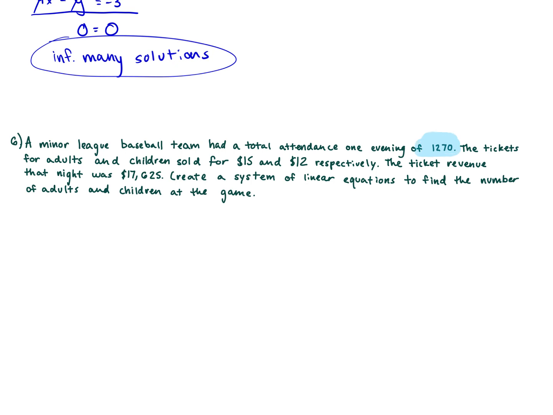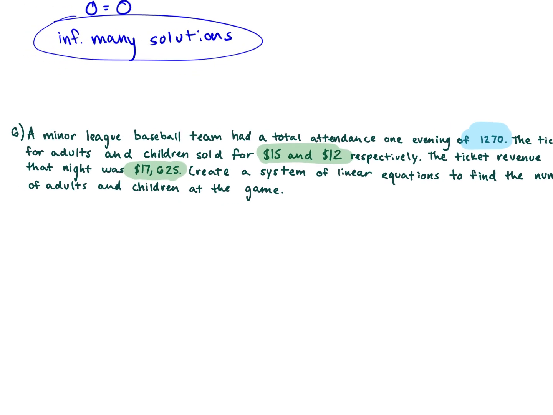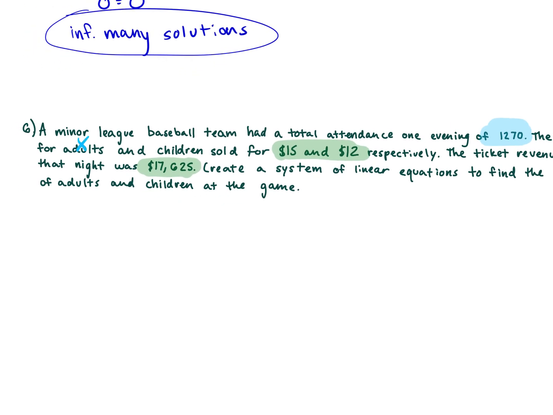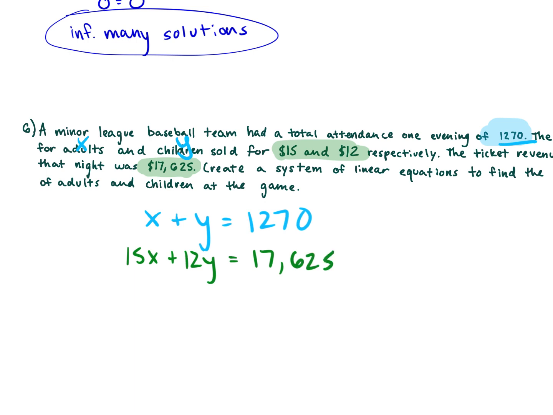Then we want to come up with an equation for how much money we made. Perfect. We'll call adults x and we can call children y. So x plus y is equal to 1,270. 15x plus 12y is equal to 17,625.